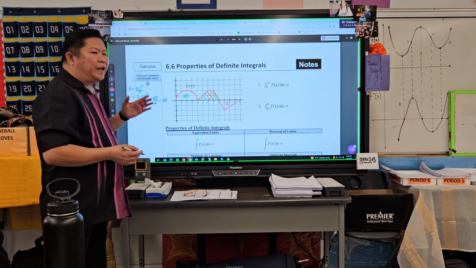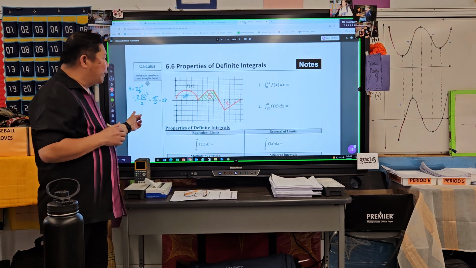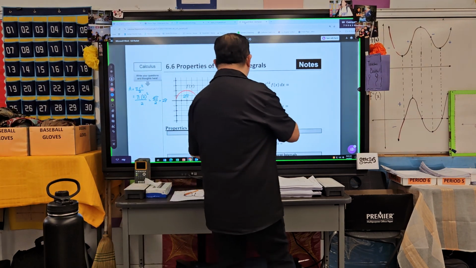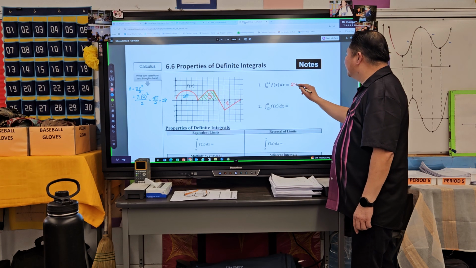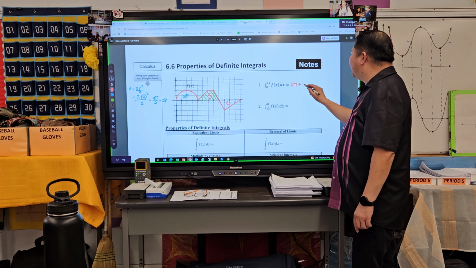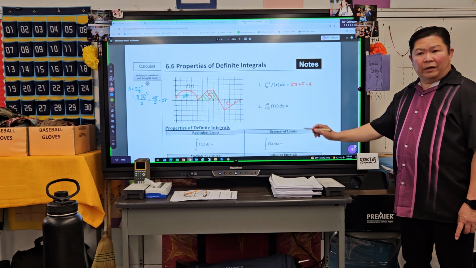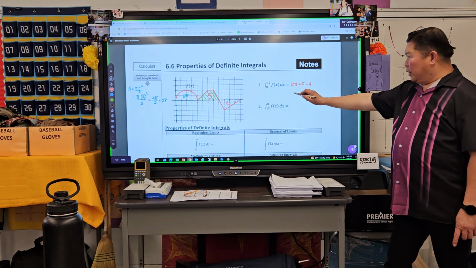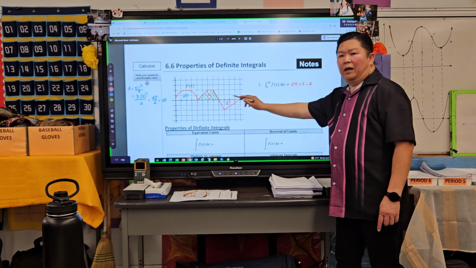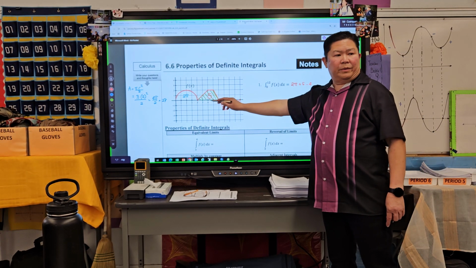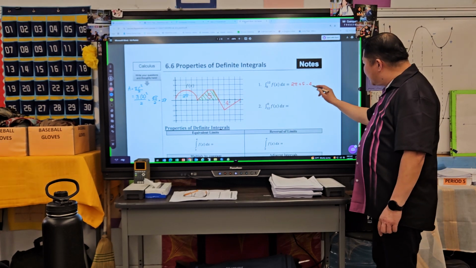But since this is below the x-axis, we can formulate the area from 0 to 12 as 2 pi plus 5 minus 4. Makes sense? The area, which is 2 pi, plus another area, which is the trapezoid, and then plus another area at the bottom, which is minus 4.